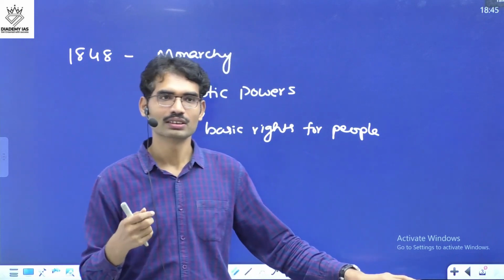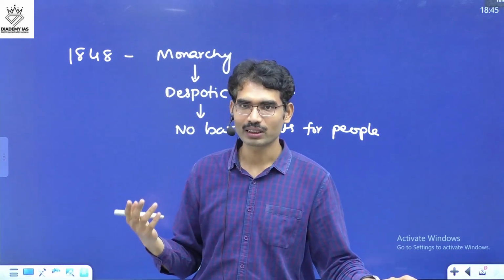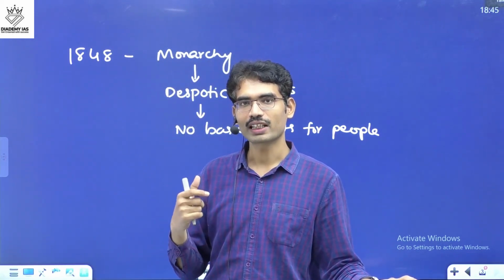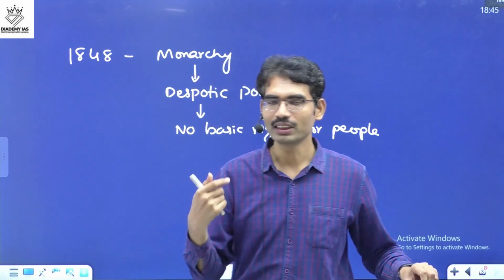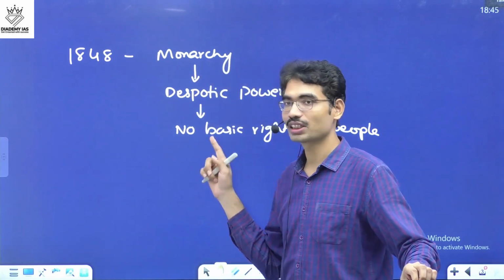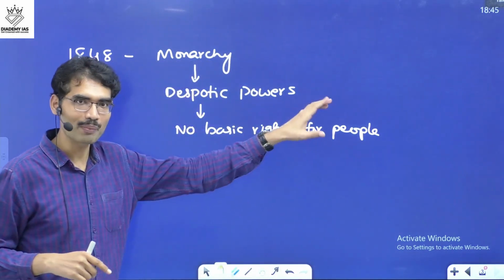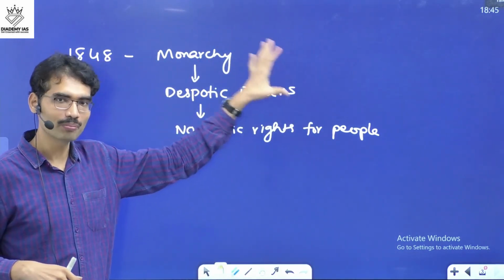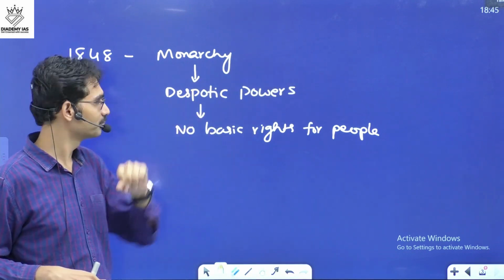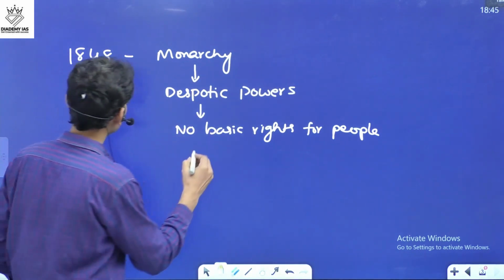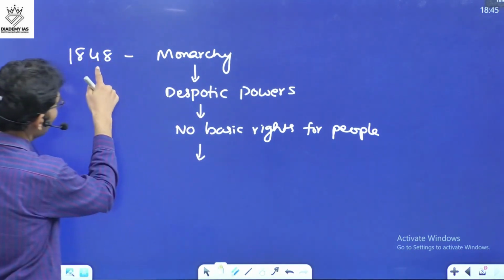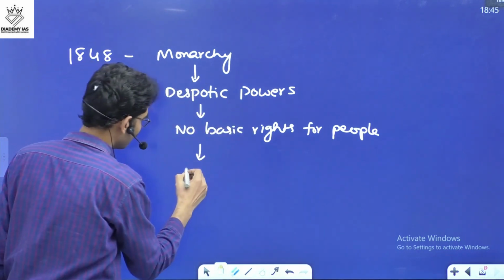Some important leaders were arrested by the British and imprisoned without trial, and Indians were protesting against such violations of basic human rights. Similar things were happening in Europe much earlier, in the 1840s. So no basic rights, and now people were asking for rights.